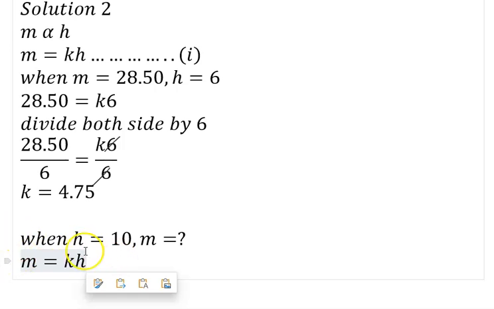So we are looking for M, right? Okay. We have our H to be 10, and we already have our K to be 4.75. It makes our job easier. 4.75. Just multiply the 2.